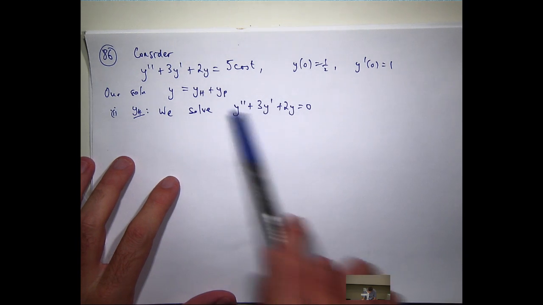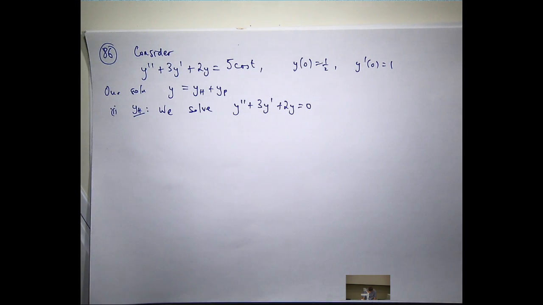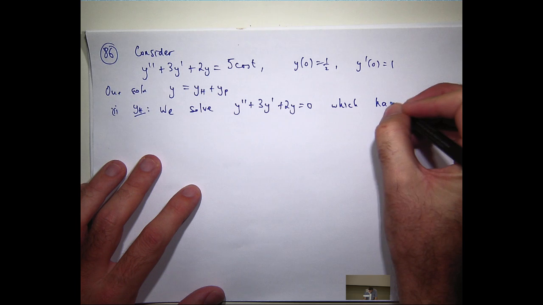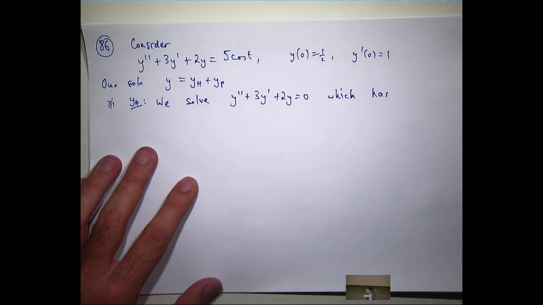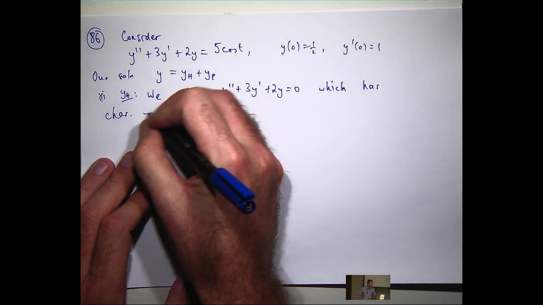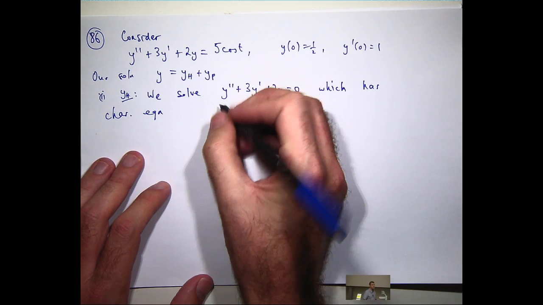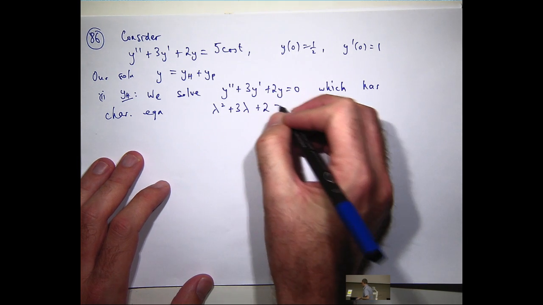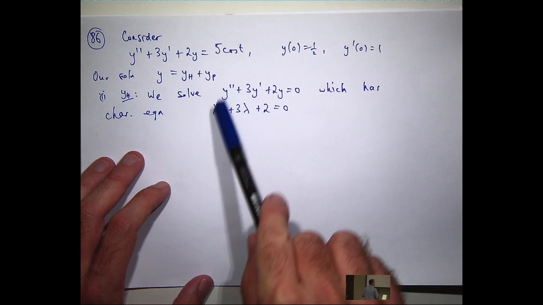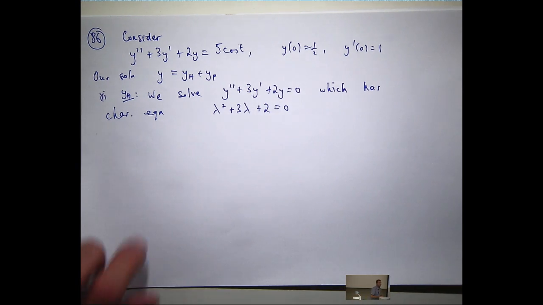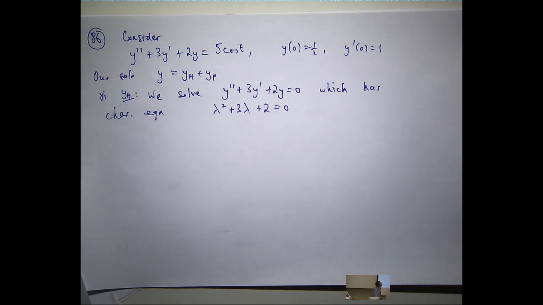Right, characteristic equation, that's it. So we transfer the analysis from a DE down to a quadratic equation. So this has the characteristic equation lambda squared plus 3 lambda plus 2 equals 0. So we replace y double prime with lambda squared, y prime with lambda, and y with 1.